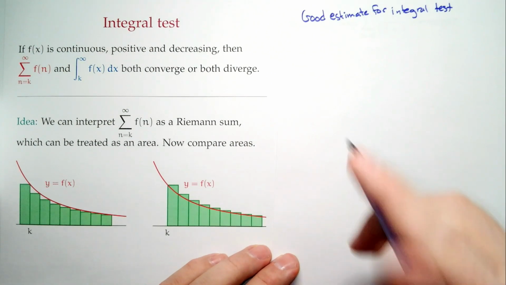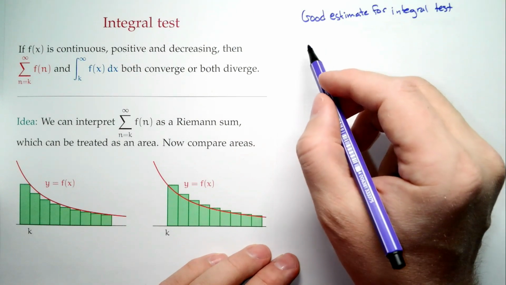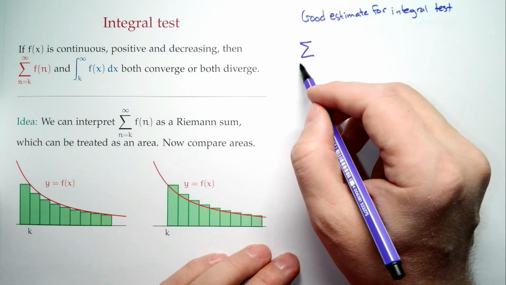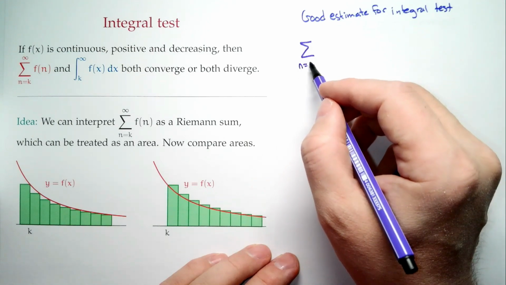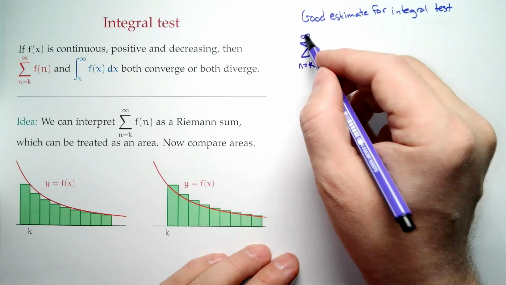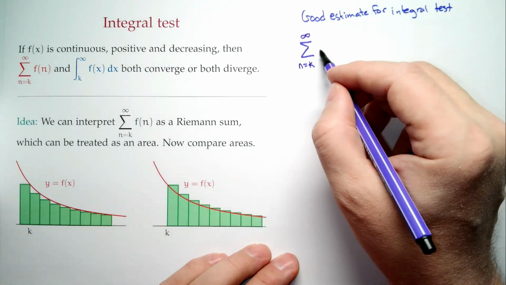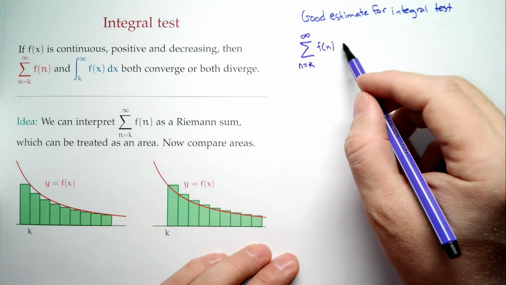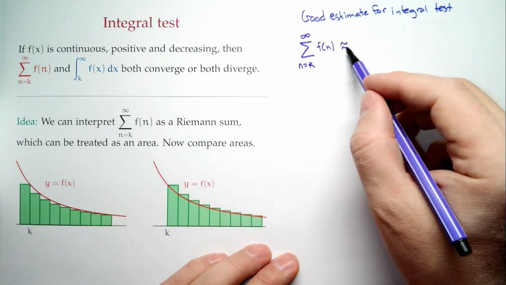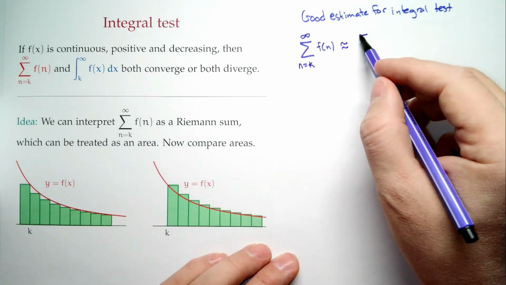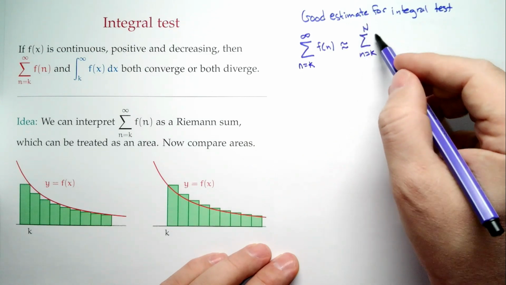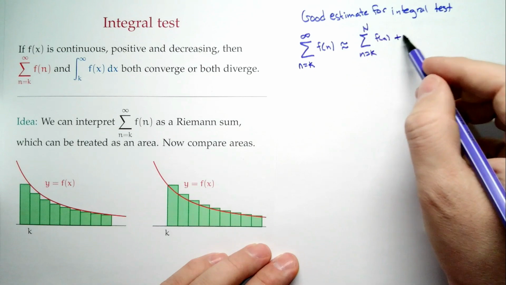And here's the intuition. If I have the sum from, say, n equals k to infinity of f of n, well, that's approximately the sum from n equals k up to some capital N of f of n plus an error.